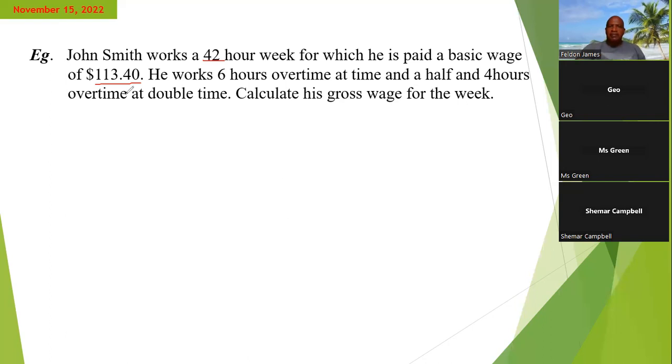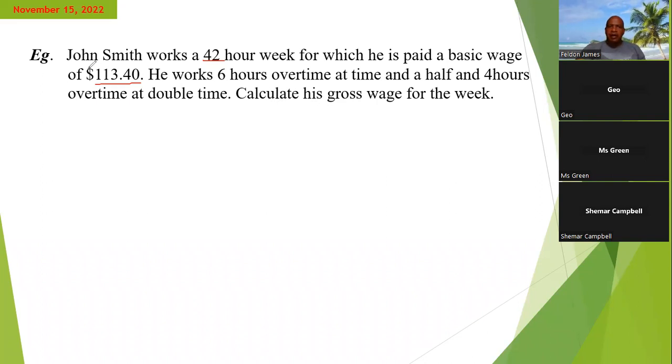But if you check the question, they are not asking you for the hourly rate for the basic rate. They want you to calculate the gross wage. That means his weekly salary plus his overtime. That's what they're asking for. You follow?